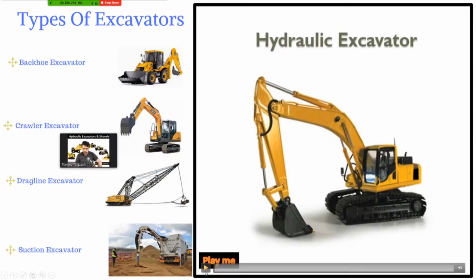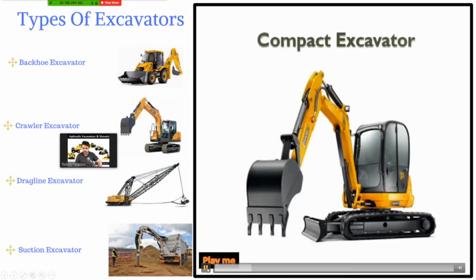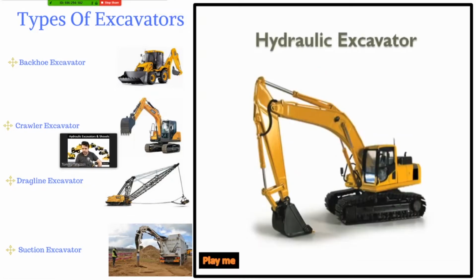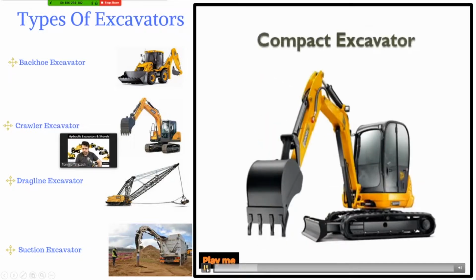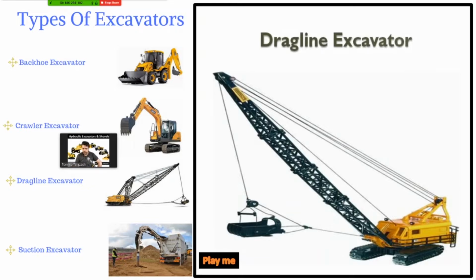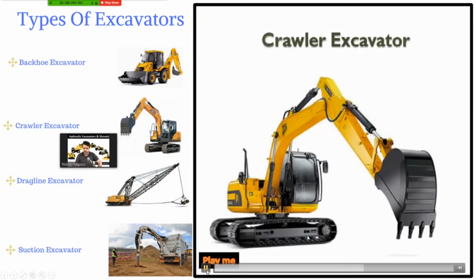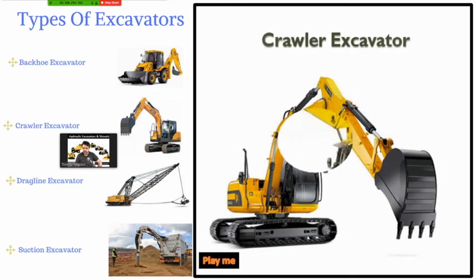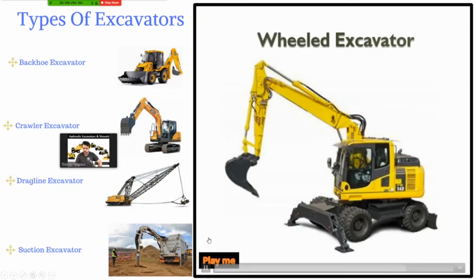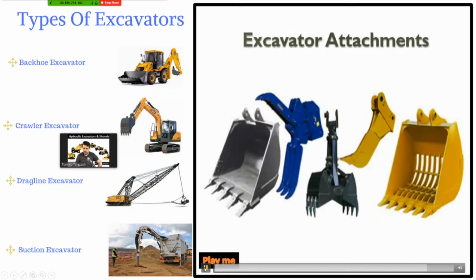And so we have hydraulic excavator, which looks like this. We have the compact excavator. We have the drag line excavator and suction excavator and a crawler excavator or a wheeled excavator.